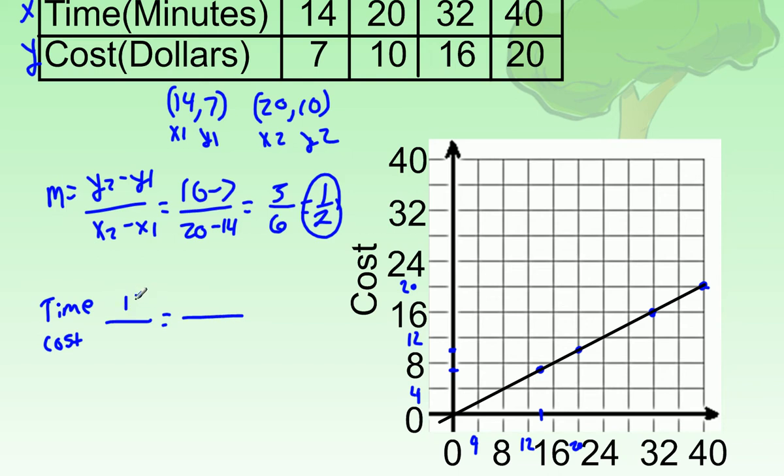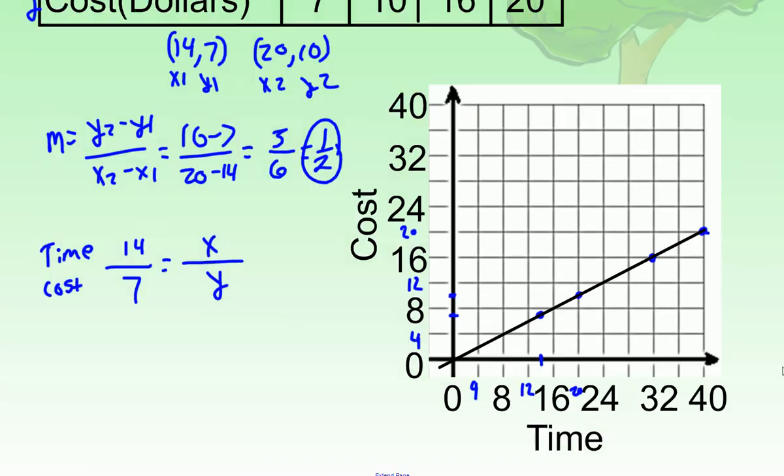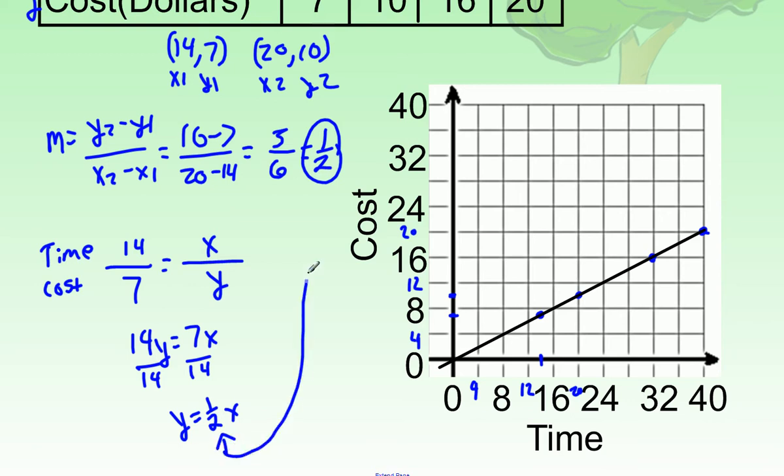And so if the time was 14, the cost was 7, and then just our random general variables x and y. If we cross multiply this, we get 14y and 7x. If we solve for y, as we typically do in these problems, divide by 14 on both sides. Y equals 1/2 x. This number right here is the same thing as that.